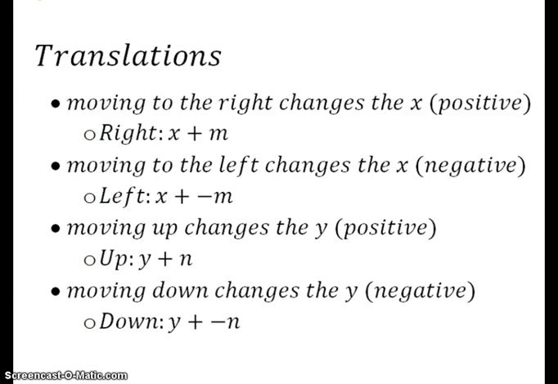In other words, left is x plus a negative m. Moving up changes the y value in a positive way. So in other words, up is y plus n. And moving down changes the y in a negative way. So down is y plus a negative n.